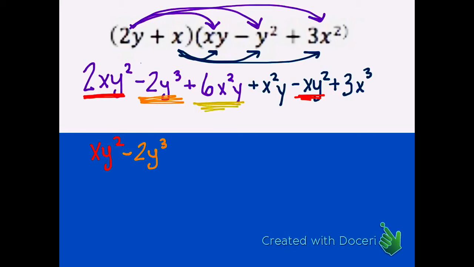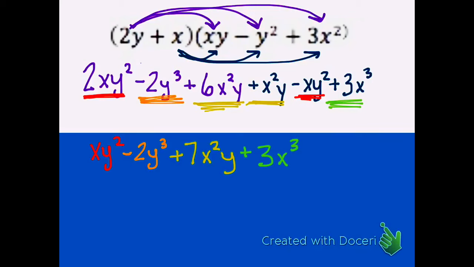I look for anything x squared y, and I've got those two terms there right next to each other. So that's going to give me 7x squared y. And then I'm looking for anything with x to the third, and I don't have anything else with x to the third, so I just keep that as 3x to the third.